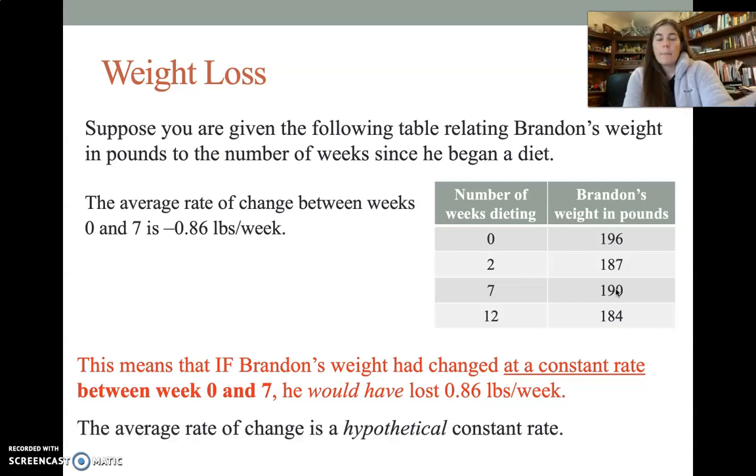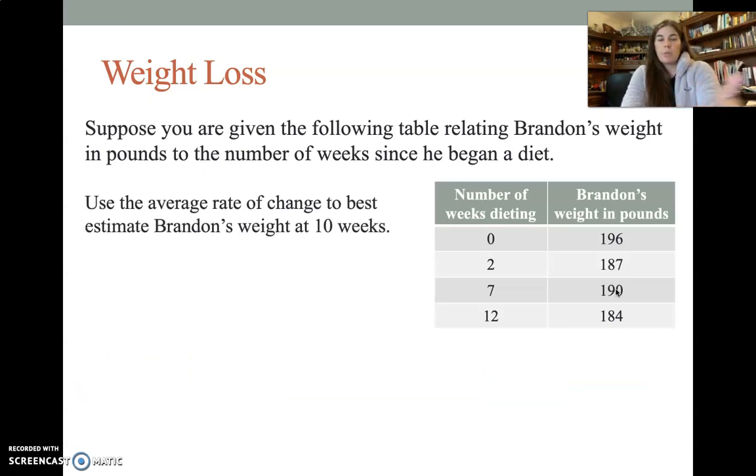This is what we call this hypothetical constant. We know really what happened is something different. But if he had lost at a constant rate, so if it was linear, here's what the rate would be. And so that's really what an average rate of change is telling us about a situation. It's not constant, but if it were, here's how we could use it.